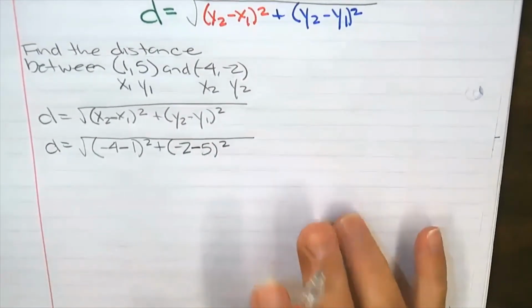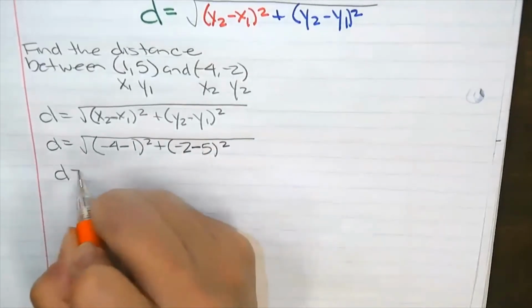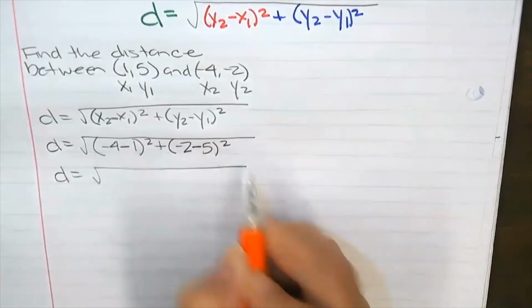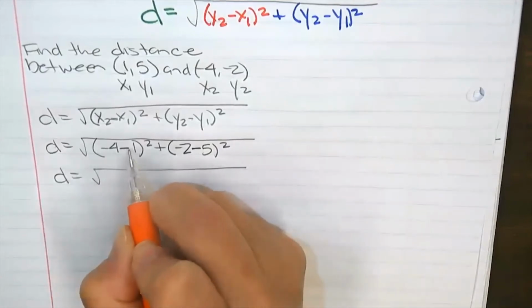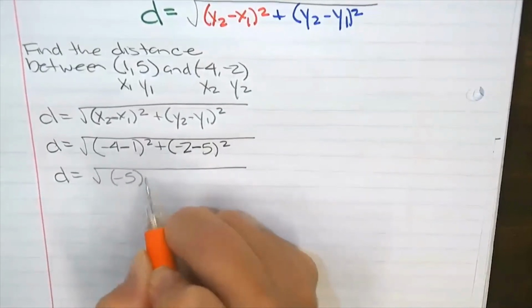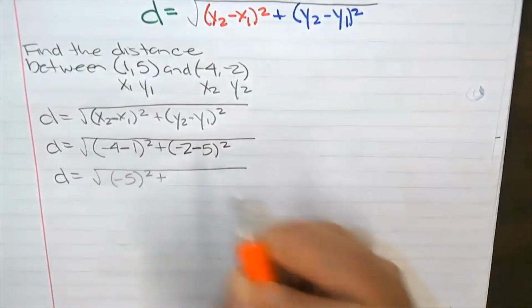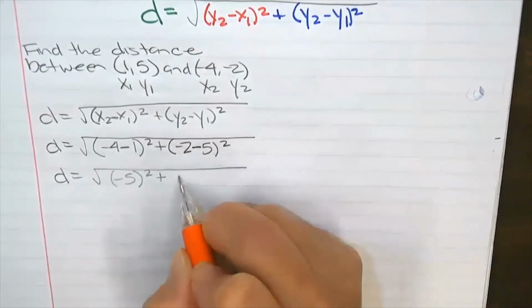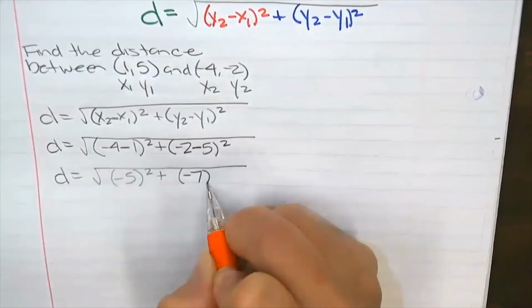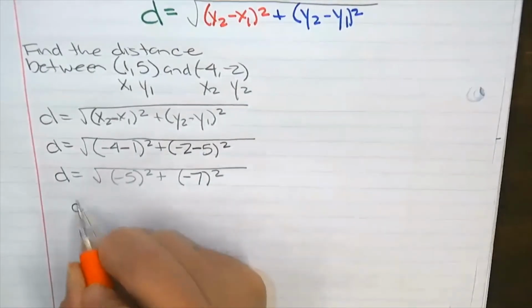And at this point, it becomes a basic algebra problem. The distance is equal to -4 and -1 is -5 squared. -2 and -5 is -7 squared.